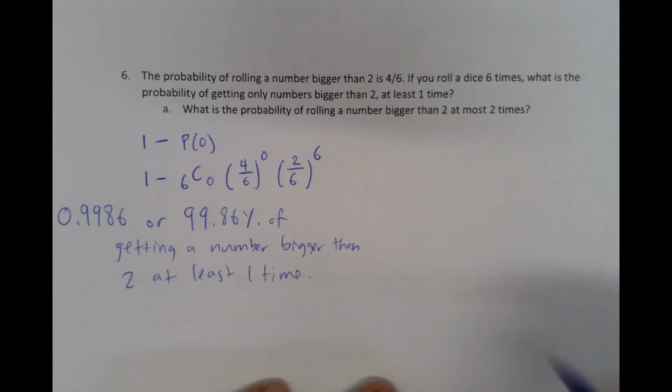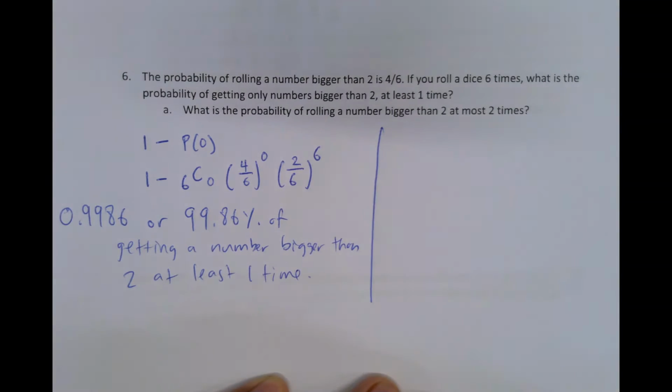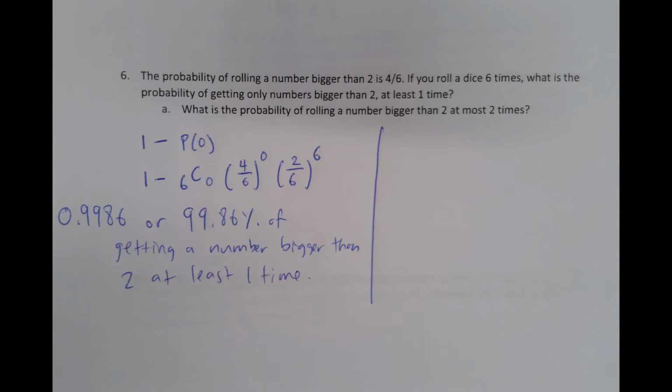The second question asks us, what is the probability of rolling a number bigger than 2 at most 2 times? And we're going to assume here, again, that we're going to roll the dice six times. So what it's asking us this time is that we roll a number bigger than 2 at most 2 times.